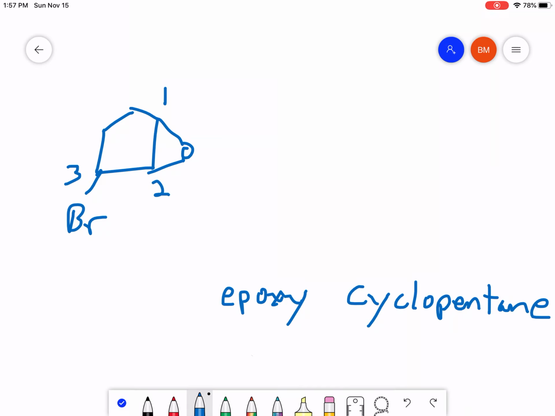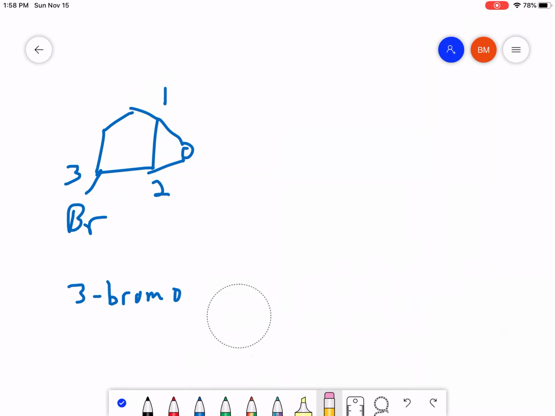You don't have to put 1,2. You could. I won't count off for it, but you don't have to, since it's understood there at 1 and 2. And then put 3-bromo in front. So 3-bromo epoxy cyclopentane. All right, so that is the epoxy alkane method.